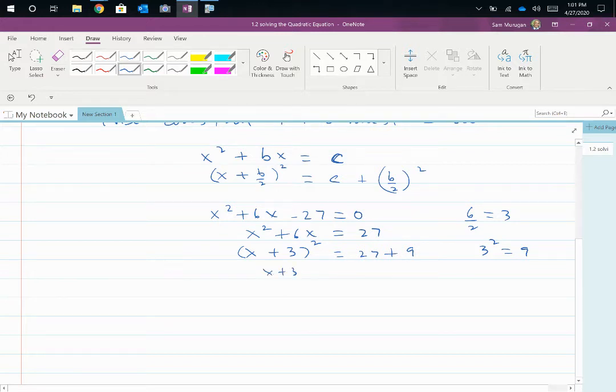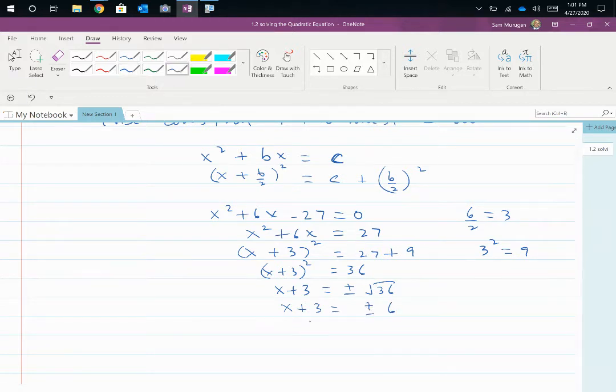So this is x plus 3 squared is equal to 36. Using this square root property, we can say x plus 3 is equal to plus or minus the square root of 36. So x plus 3 is equal to plus or minus 6.